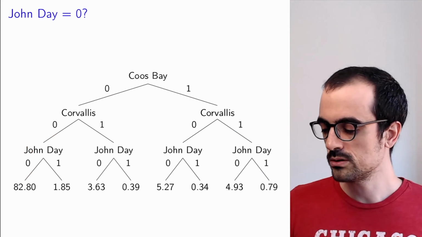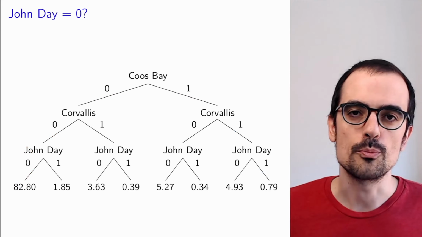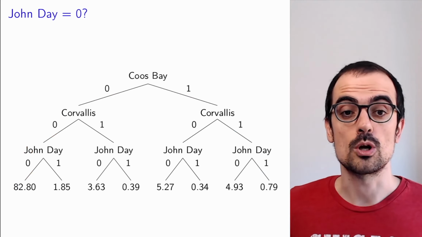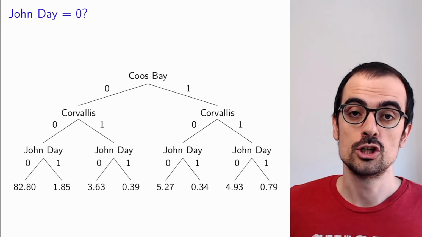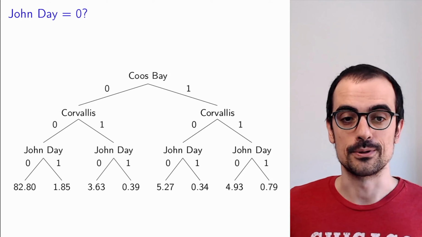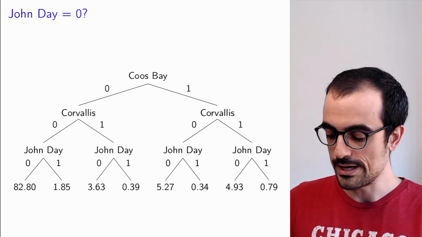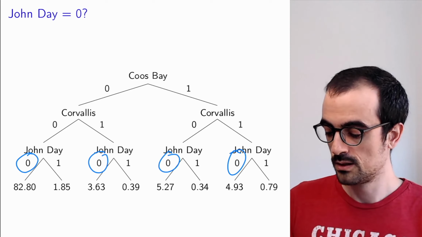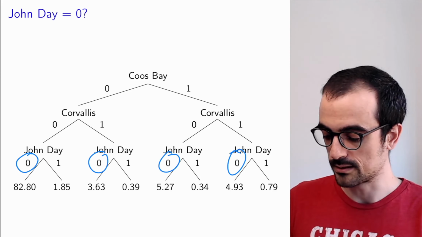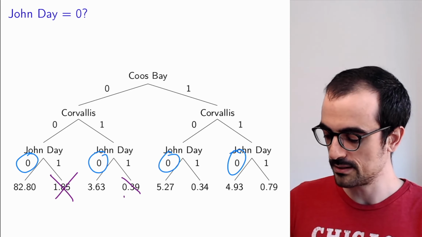All right, so now what if we want to compute the conditional probability of Corvallis and Coos Bay, conditioned on the fact that John Day is equal to 0? So we're saying that we know that this has happened. So what do we do? Well, basically, we discard this because we know it has not happened.